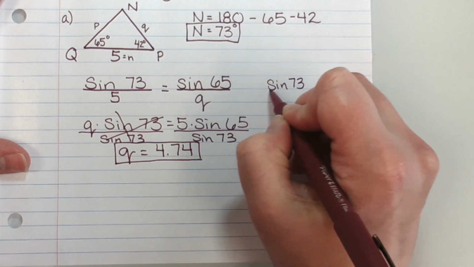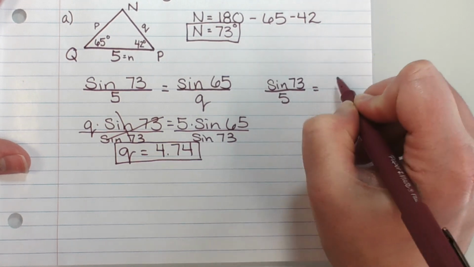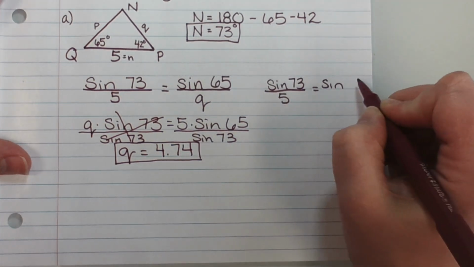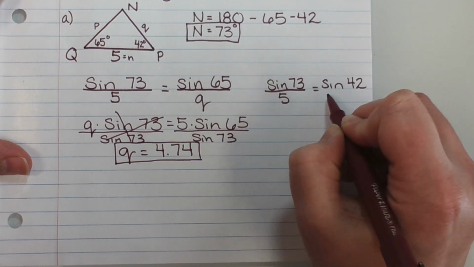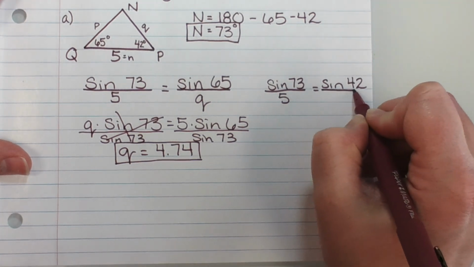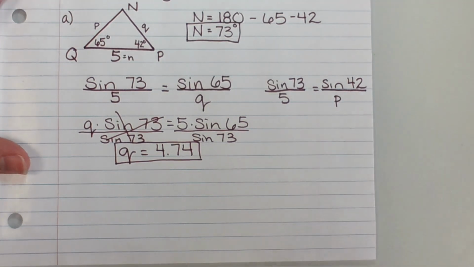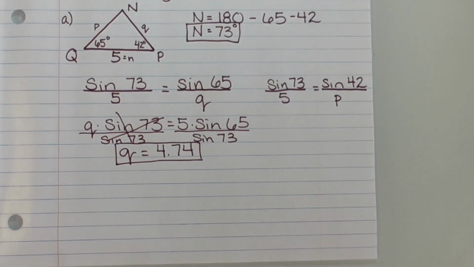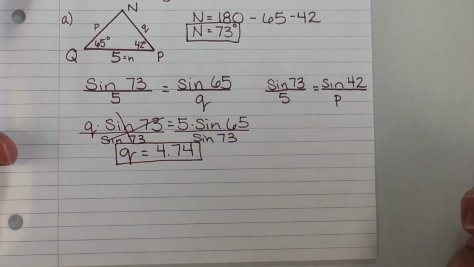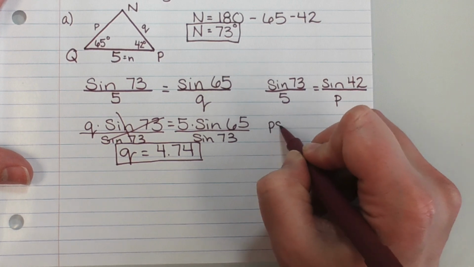Sine of 73 over 5 equals sine of 42 over P. You start with sine of an angle you know over a side across from it you know, equal to sine of an angle you know over the side that's missing. And you cross multiply to solve.